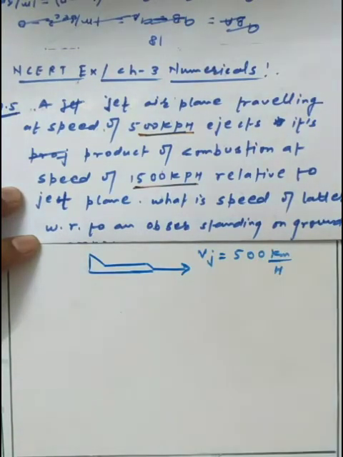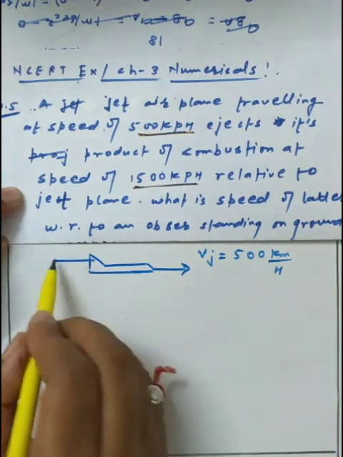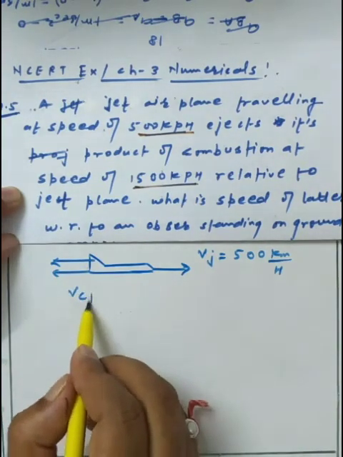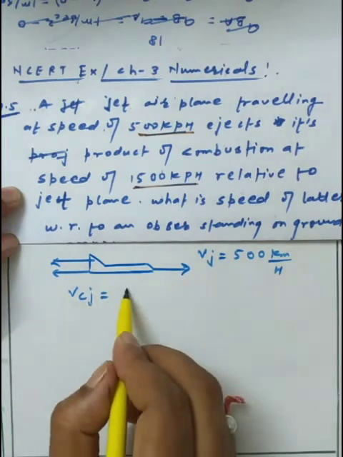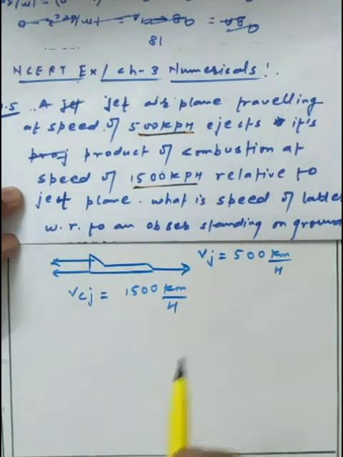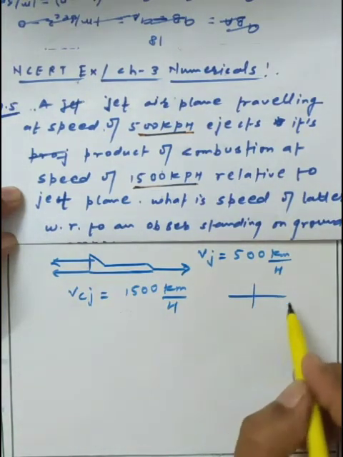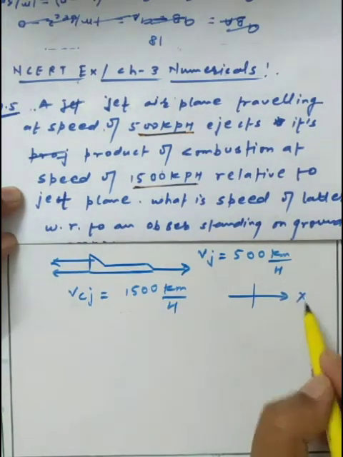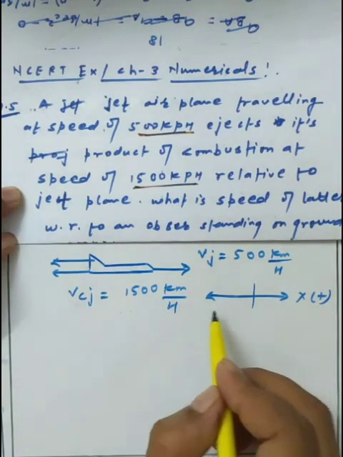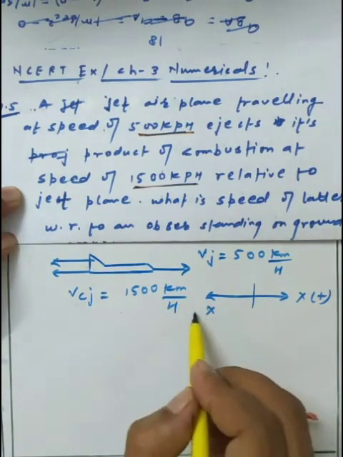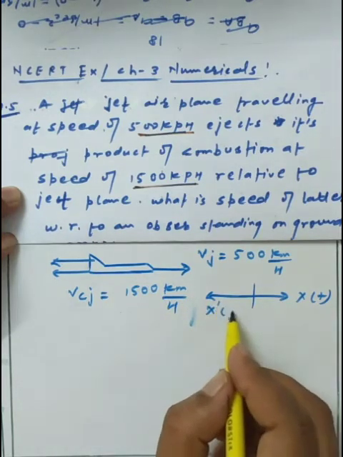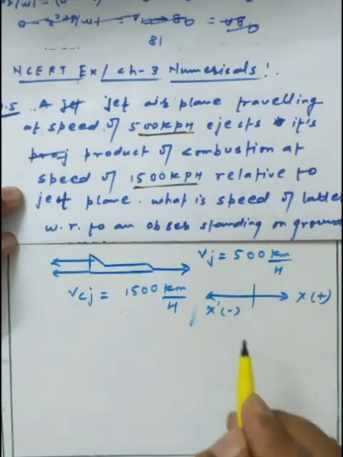Now it ejects the combustion with a speed, the speed of the combustion with respect to the jet plane, equal to 1500 kilometer per hour. For simplicity, we conventionally assume the direction of x as plus, and the opposite direction, x dash, as minus.